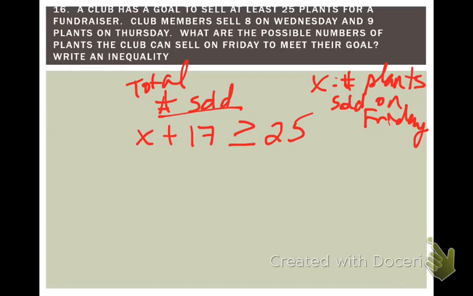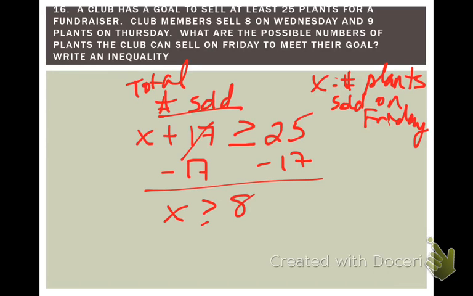We still have to answer the question, which means we have to solve the inequality. Just subtract 17 from both sides. And what are the possible numbers of plants the club can sell on Friday? They could sell how many to meet their goal? 8 or more.